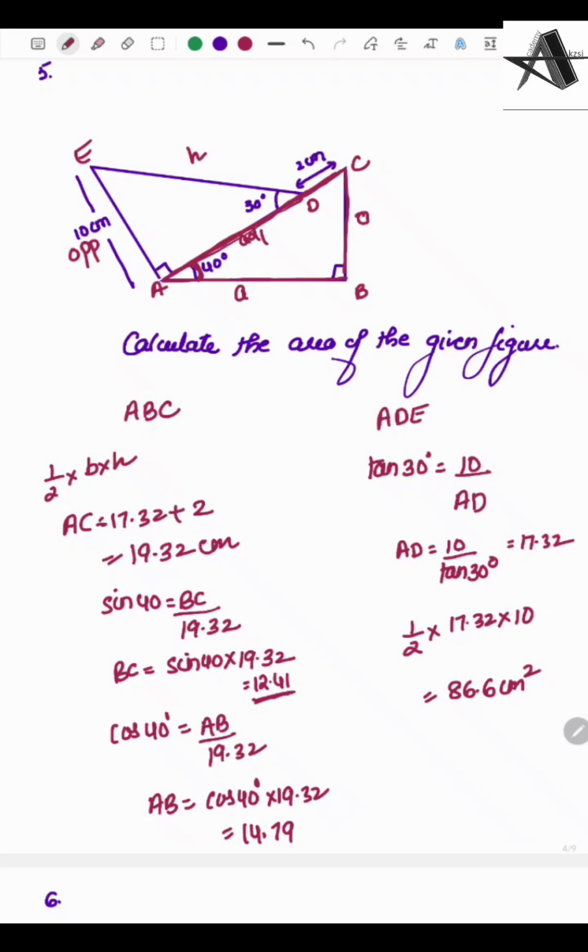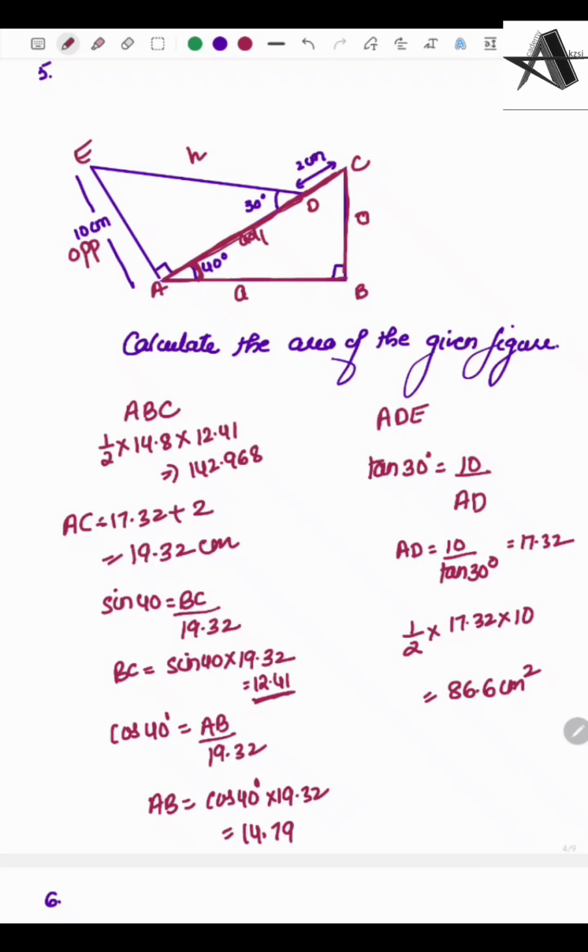We now have adjacent as well as opposite. That means base and height, I have both. I can calculate the area of this triangle ABC, which is half times base, which we calculated as 14.79, or I can say 14.8, into height, which is 12.41. This will give me 142.968.